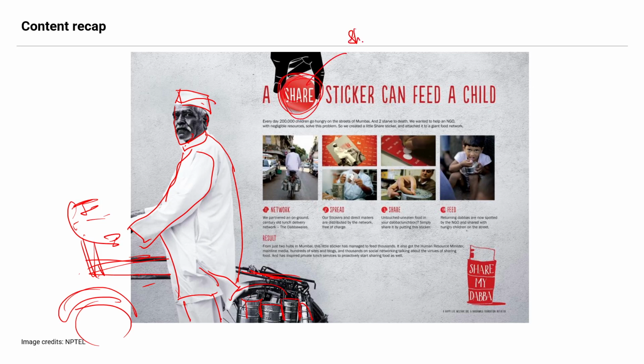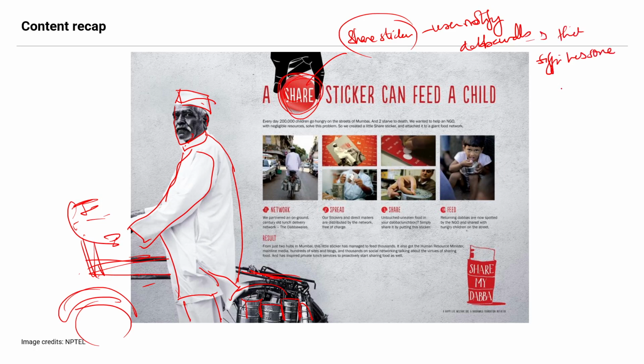Share a sticker was something which helped the user notify the dabbawalas that the tiffin has some food left. So it was the sticker that helped the dabbawalas identify that this is the tiffin wherein the food is left.